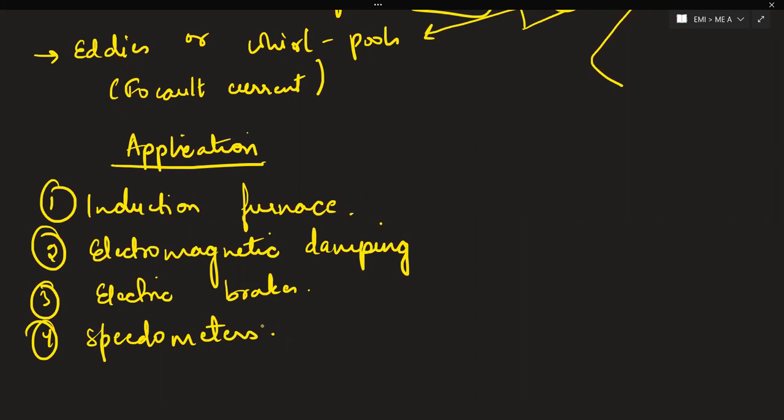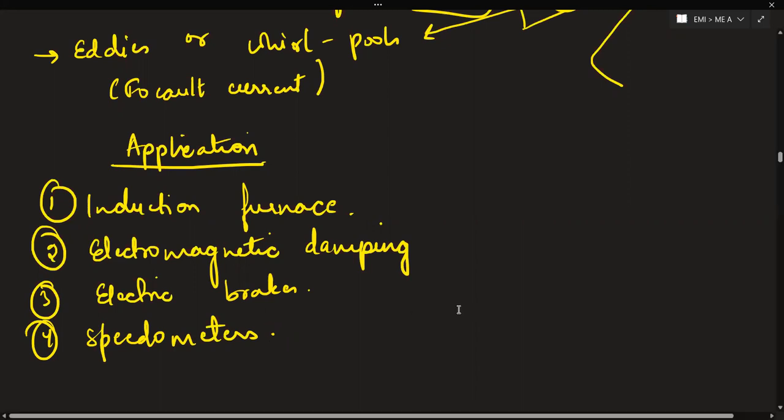In speedometers, a magnet is placed inside for measuring the speed of the vehicle. As it moves, the magnetic field keeps changing, and eddy current is also developed there. So these are certain applications.